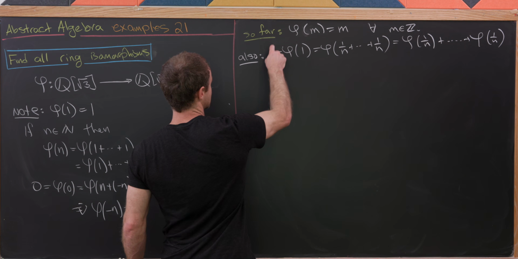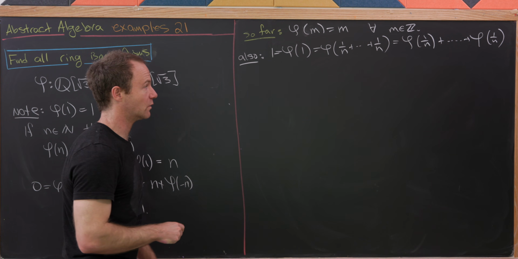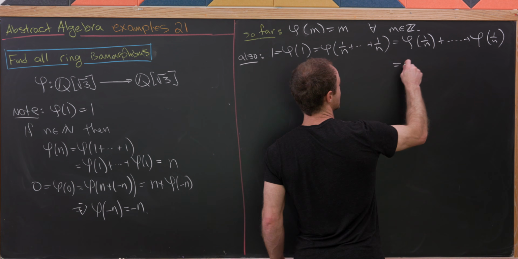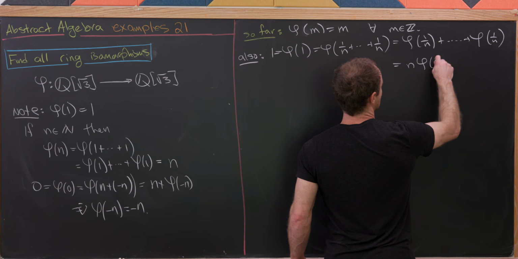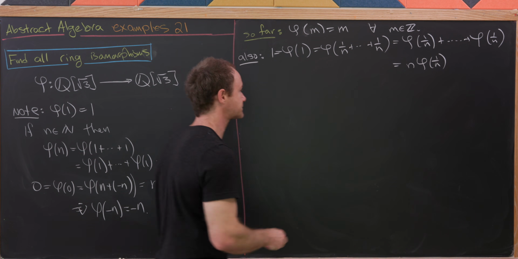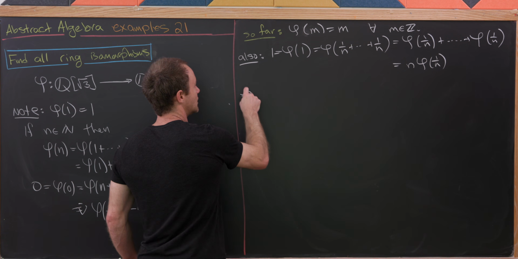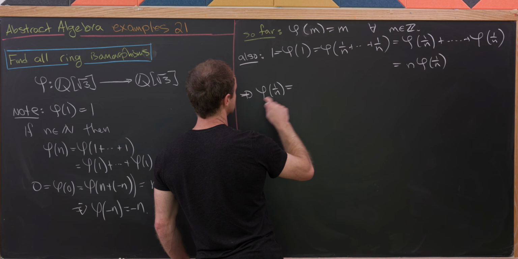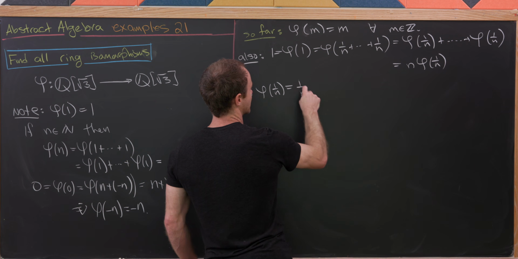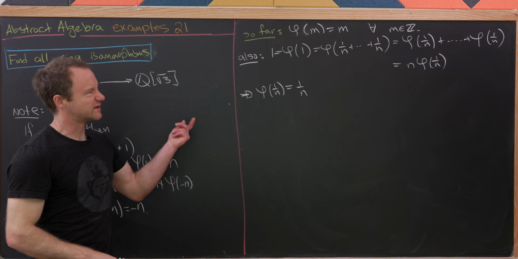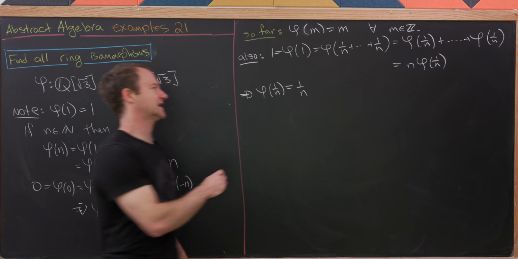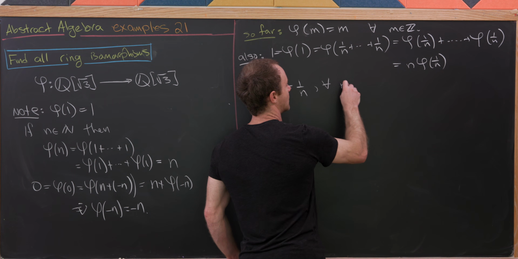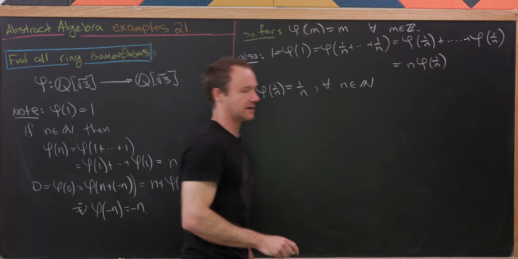But we've just talked about how phi of 1 must be equal to 1, and then this over here is exactly equal to n times phi of 1 over n. So in the end, solving, we see that phi of 1 over n equals 1 over n. So that's for reciprocals of natural numbers. This is for all n inside of N.